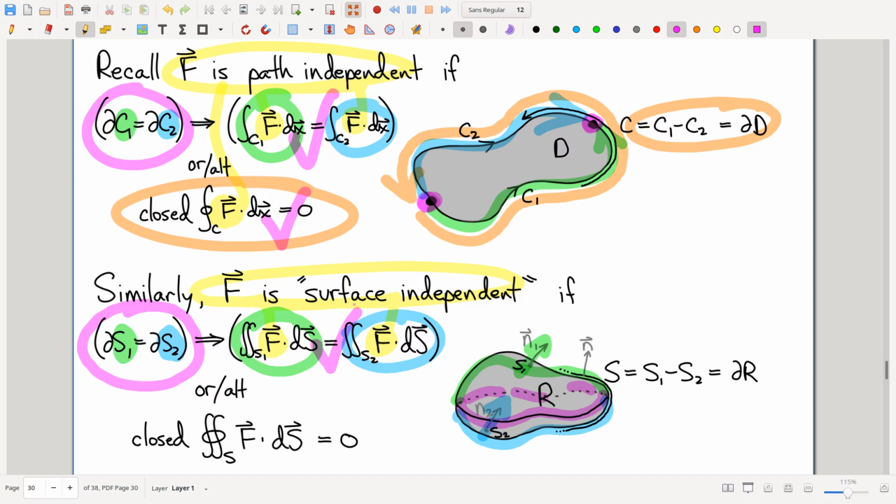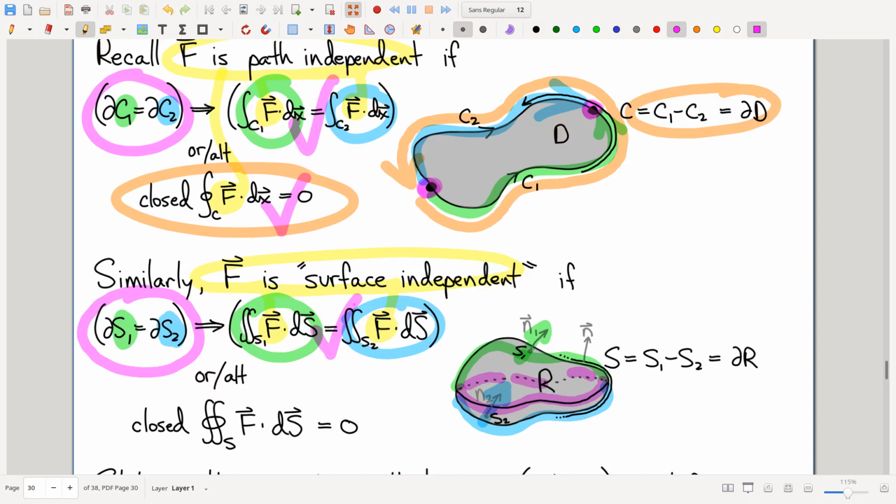Very analogous. Here's another observation. Notice that when you have two surfaces with the same boundary curve, kind of like I'm doing with my hands here, two surfaces with the same boundary curve enclose a solid. They make the boundary of a solid.